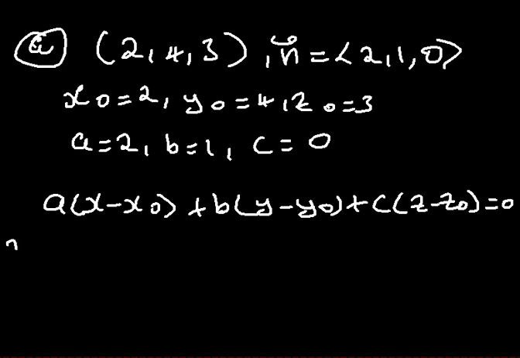And what is a? We have 2 times (x minus 2), since x naught is 2, plus b is 1 times (y minus 4), since y naught is 4.